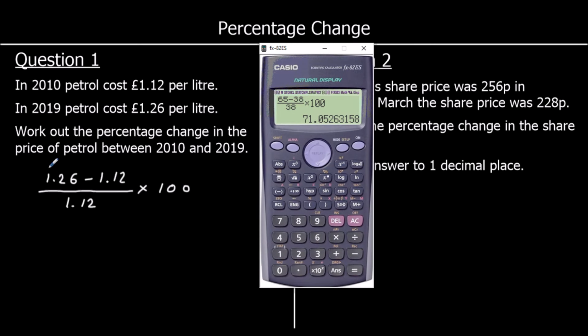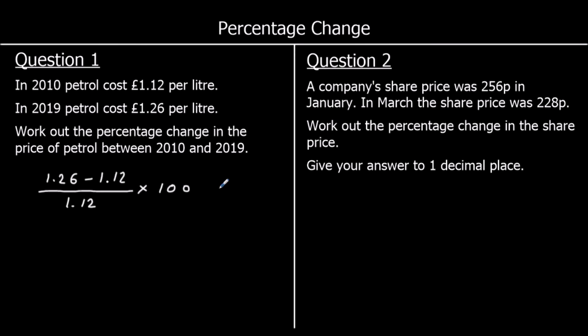So how much it's changed by over the original times 100. 1.26 minus 1.12 over 1.12 times 100. And that's 12.5%. So the percentage change is 12.5%. So if you add 12.5% on to 1.12, you get 1.26.